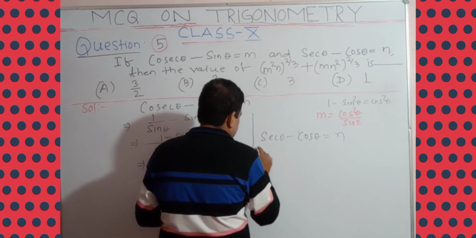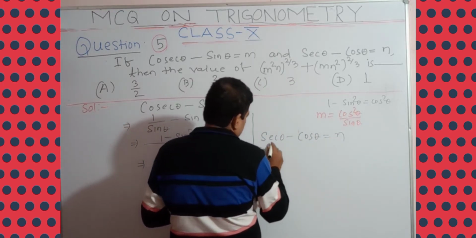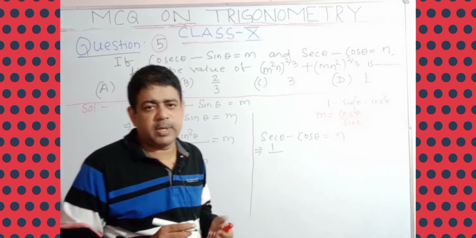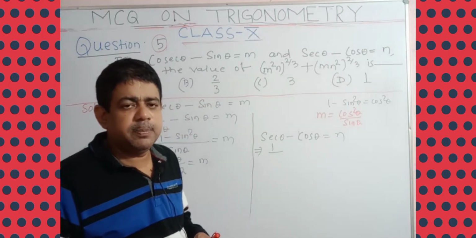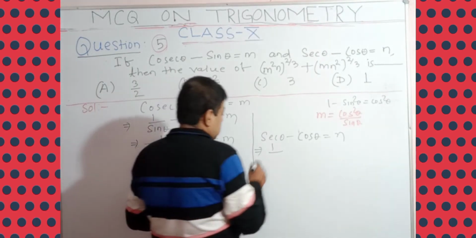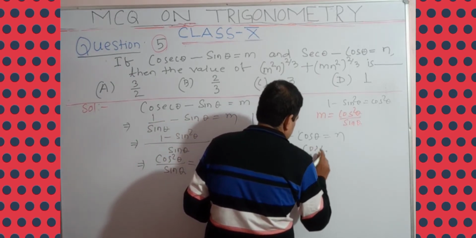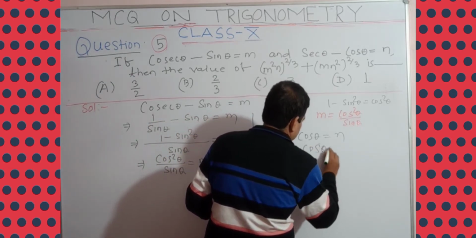Let us simplify exactly. What is the formula of sec theta? Sec theta is the reciprocal of cos theta. So sec theta can be written as 1 upon cos theta minus cos theta is equal to n.